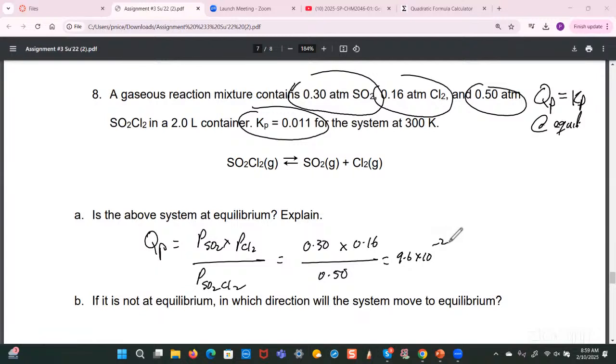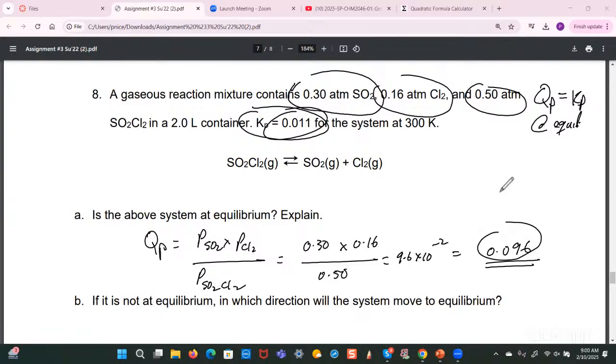Oops. Let me do this again. 0.3 times 0.16 divided by 0.5, which is 0.096. All right. So we're going to compare 0.096 to 0.011.